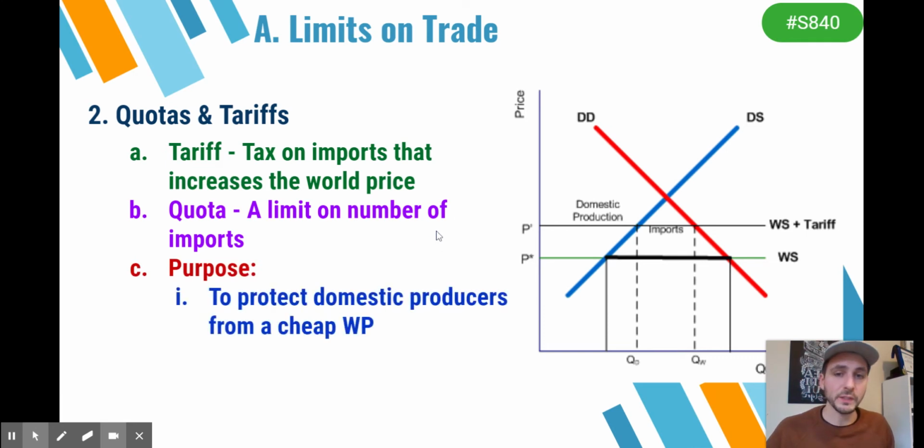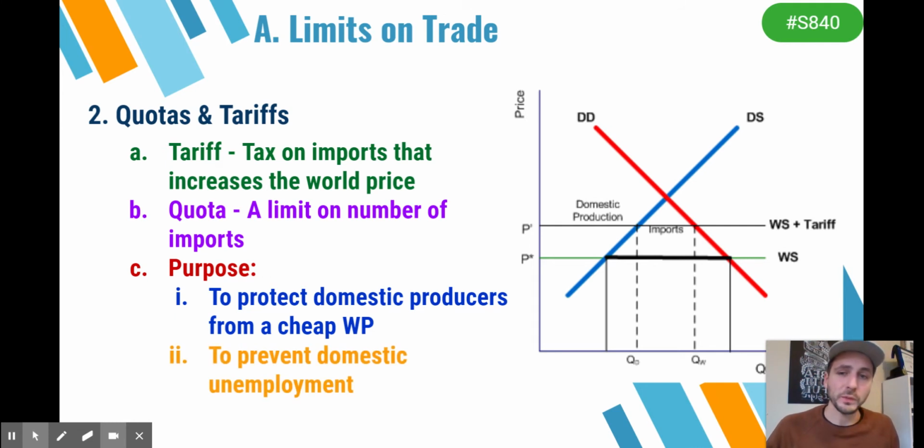The purpose of this is to protect domestic producers from cheap world prices. Oftentimes they call it undercutting or price dumping, where another business or another nation undercuts our profits or prices on purpose to steal away our business. It's a way to kind of win in international economics.